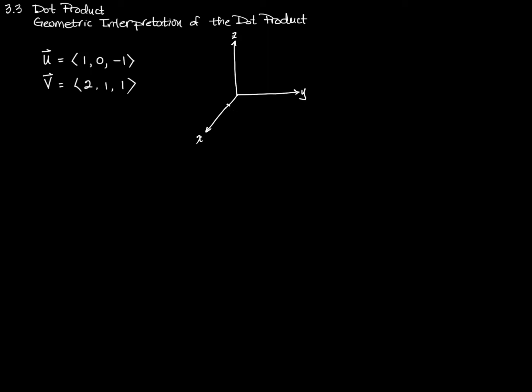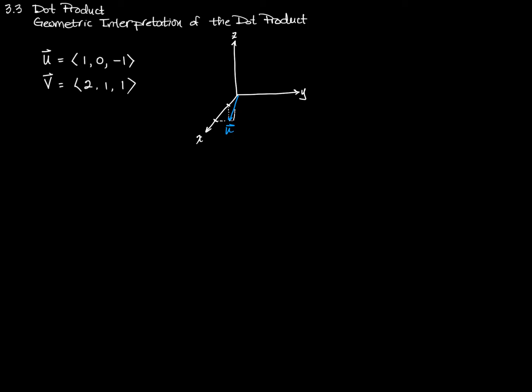But then it's going to go down 1 in the z direction. So it's going to end right about there. That is vector u. Vector v goes out 2 in the x direction, goes to the right 1 in the y direction, and then it goes up 1 in the z direction.